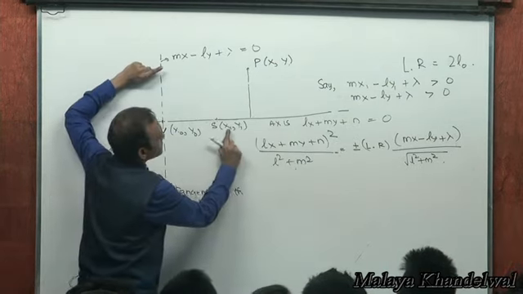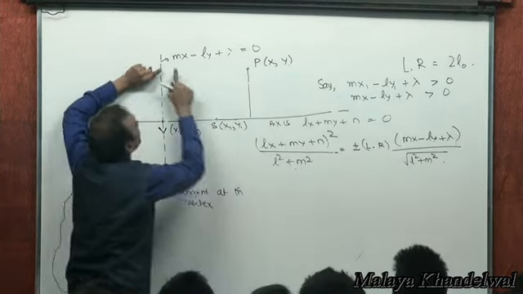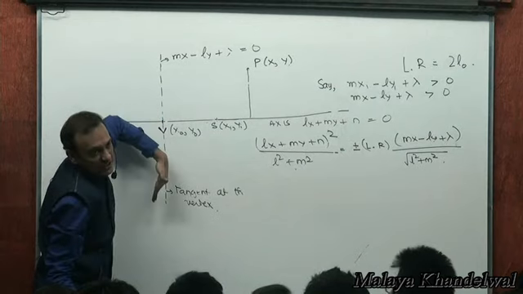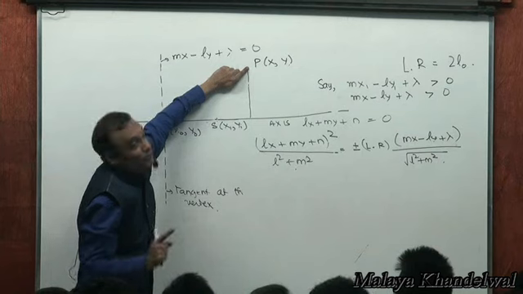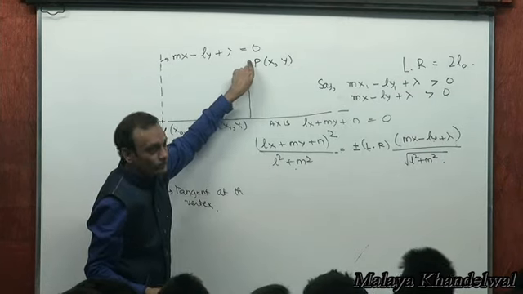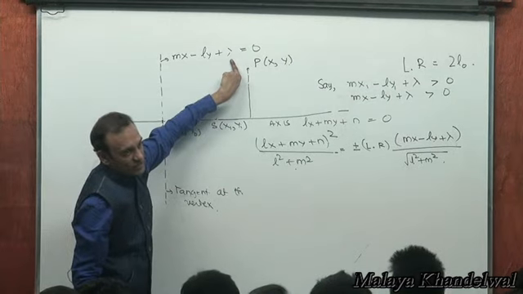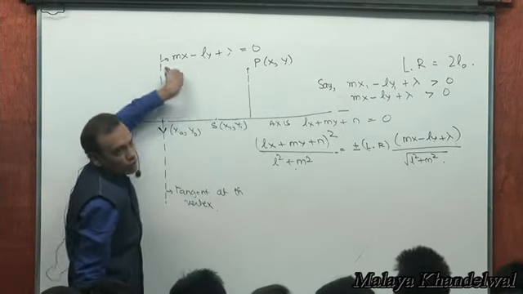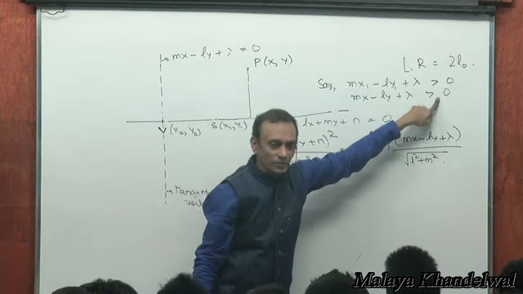Now notice that (x1, y1) and any point (x, y) on the parabola satisfying this condition lie on the same side of the tangent at the vertex. Therefore, this S (x1, y1) and this P (x, y) will produce the same sign on this, right? Suppose (x1, y1) produces a positive sign on this expression, then this (x, y) will also produce a positive sign, in which case mx minus ly plus lambda will be positive.